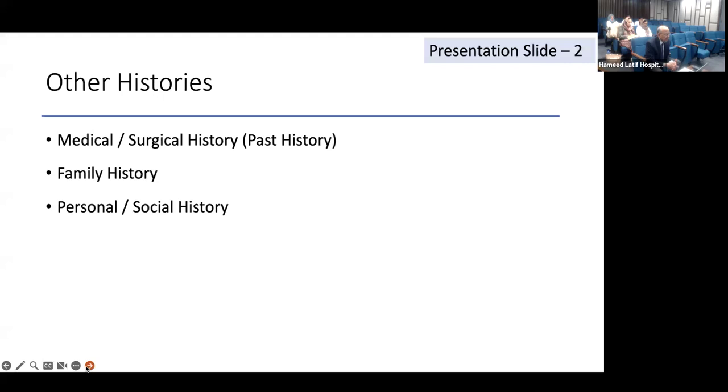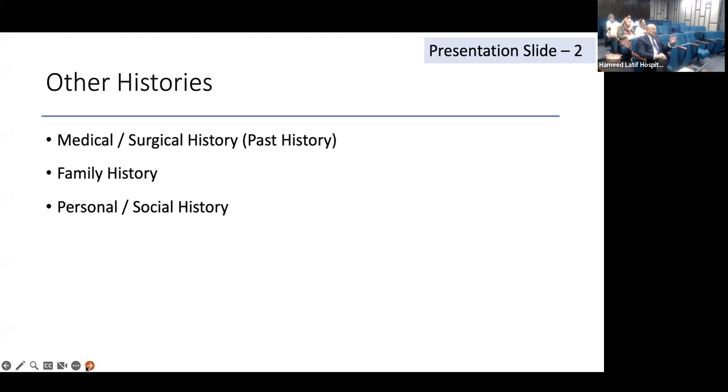Then family history of relevant features, and then personal and social history, specific habits, history of drug intake, and you can add a history of allergies. That's also important: allergy to certain medications, such as sensitivity to the penicillin group or Augmentin, or some of them are sensitive to NSAIDs.